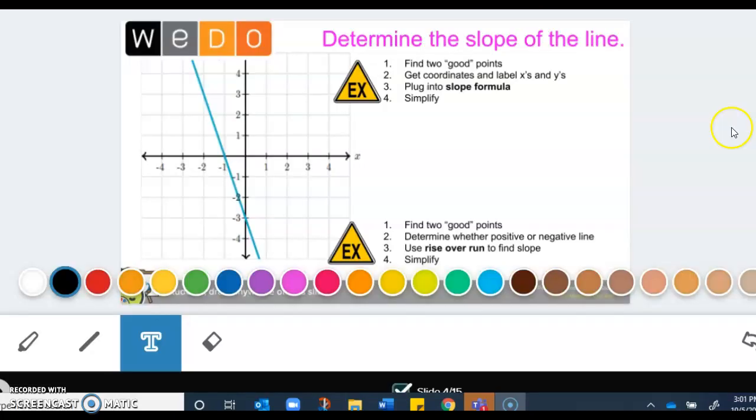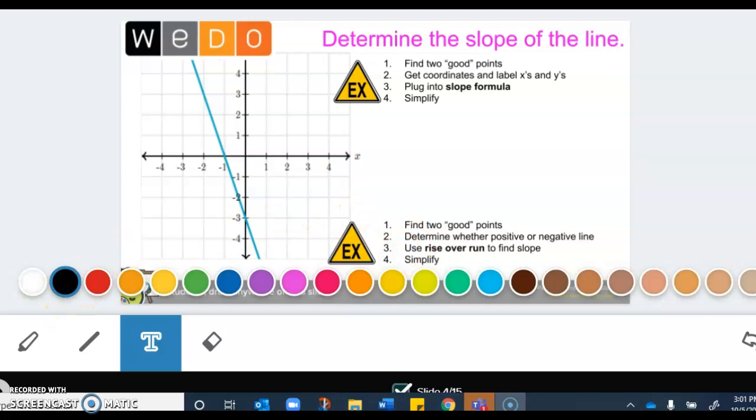Okay, so we're back on the pear deck. We are on slide 4. We're going to do an example of how to find slope from a graph using the slope formula. And then we're going to do the same problem, but now we're going to use rise over run. Either way you choose, you still have to find 2 good points.